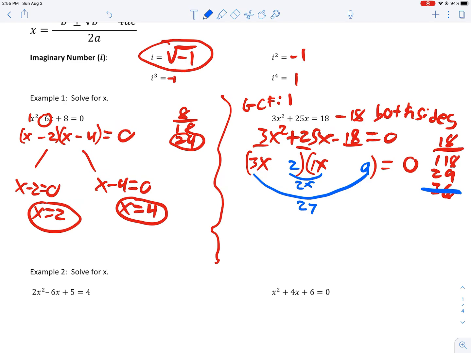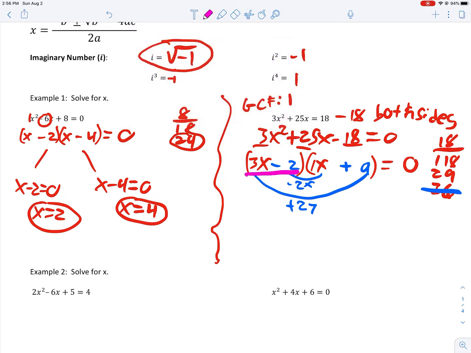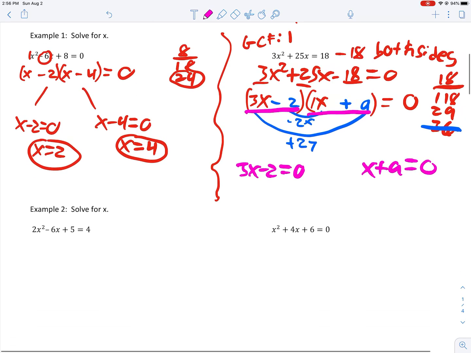So 2x, 27. Can I make 27 and 2 become 25? Yes, I can. If this is positive and this was minus, that would give me positive 25. So minus, plus. So this one I was able to factor. Keeping that in mind, I'm going to set each factor equal to 0, and then solve the linear equation.